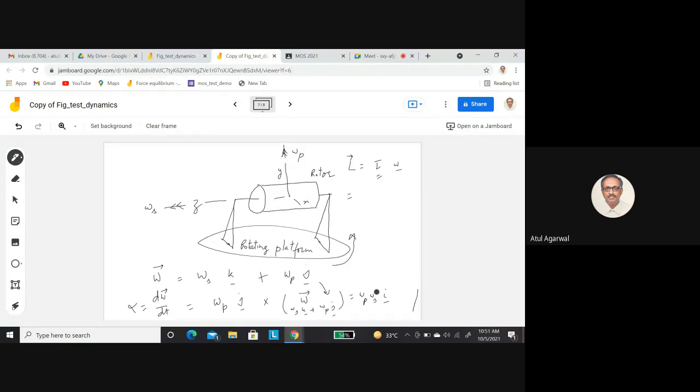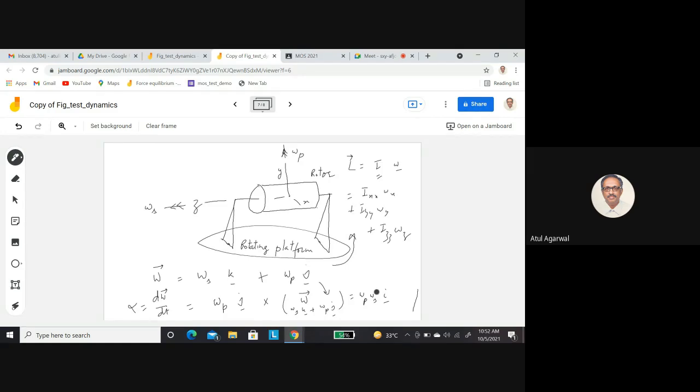This is a symmetric body, so you don't have any product moment of inertia. So this will become Ixx omega x plus Iyy omega y plus Izz omega z. This is your angular momentum vector for this rotor.